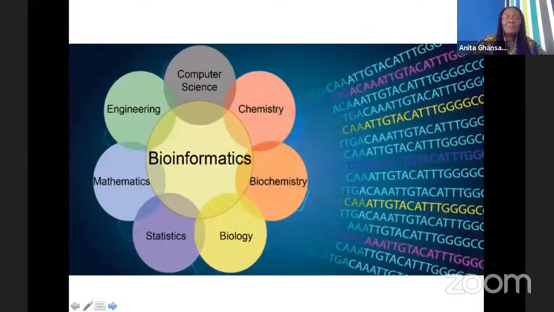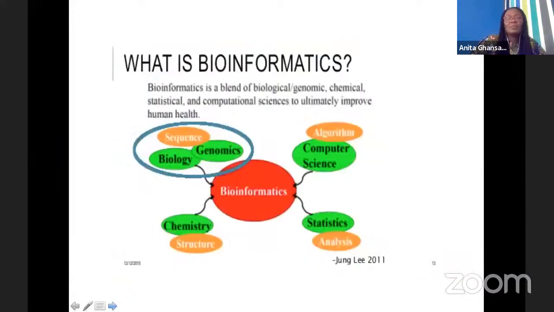Bioinformatics is the scientific discipline that merges engineering, computer science, chemistry, biochemistry, biology, and statistics to make sense of data, ultimately for improving health.